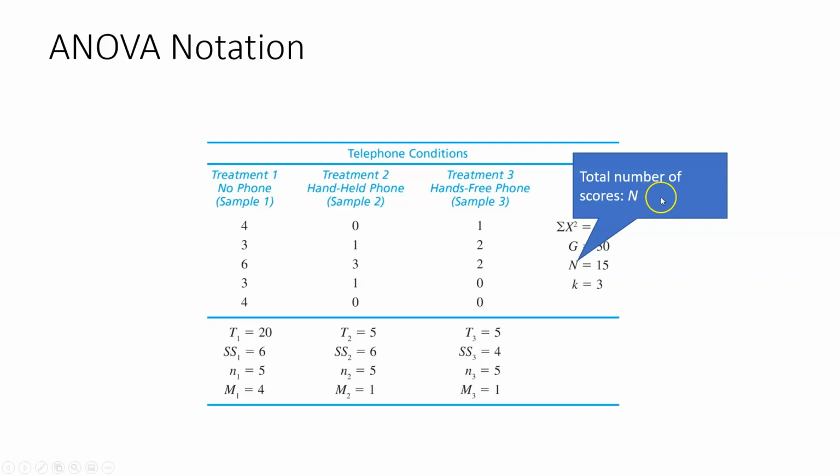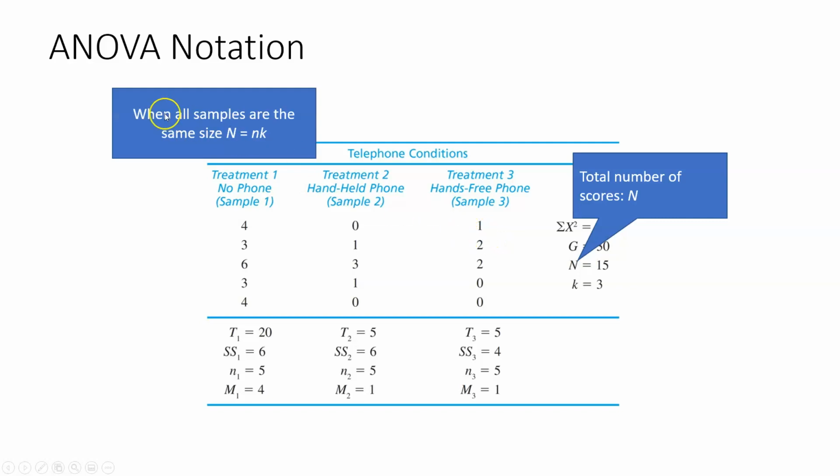There's not a uniform convention for the letters that we use in statistics. Not all the time. So in ANOVA, in this module, I'm going to use capital N to represent the number of scores in the whole experiment. That is 5 plus 5 plus 5.